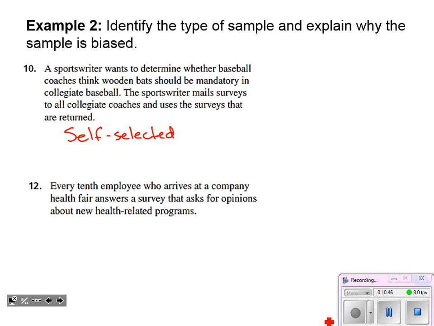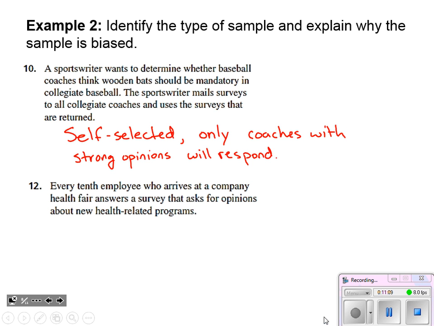And the bias that causes is that only those coaches with strong opinions about the topic will respond or are likely to respond.